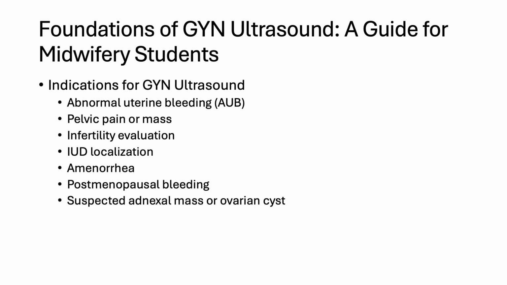We'll look at indications for gynecologic ultrasound, including abnormal uterine bleeding, pelvic pain or mass, infertility evaluation, making sure the IUD is located in the correct place, a patient that has amenorrhea or postmenopausal bleeding, and then a suspected adnexal or ovarian mass.